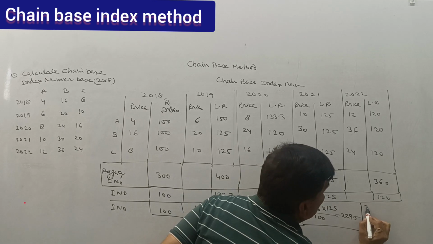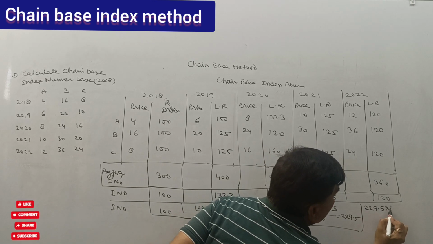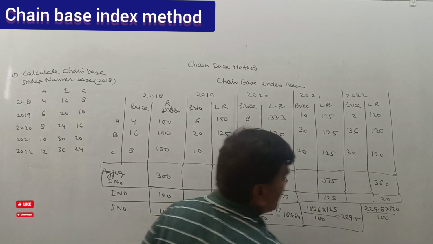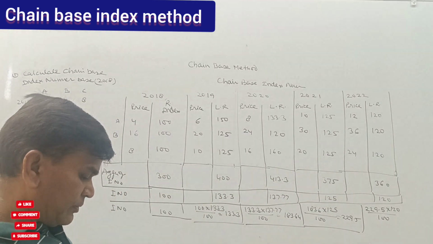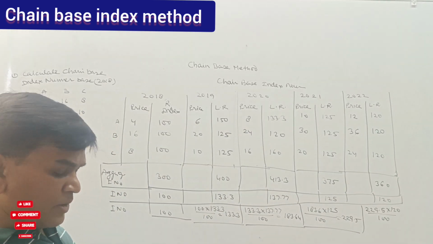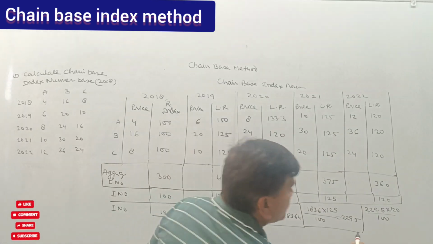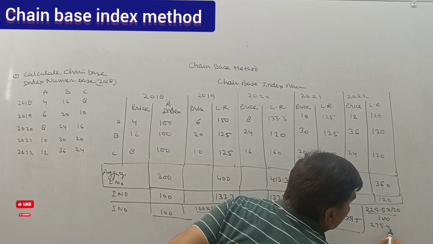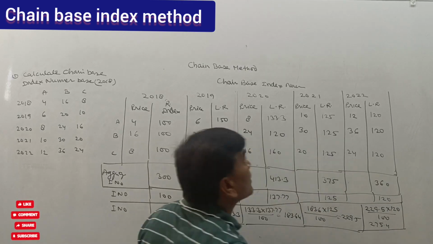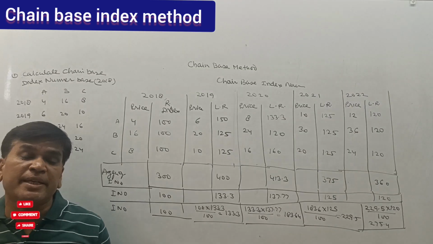And last one, 229.5 multiply 120 by 100, so multiply by 1.2, that is 275.4. So in this manner, we can calculate the chain base index numbers.